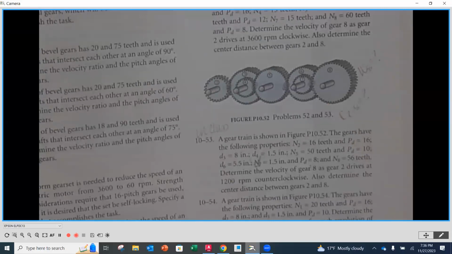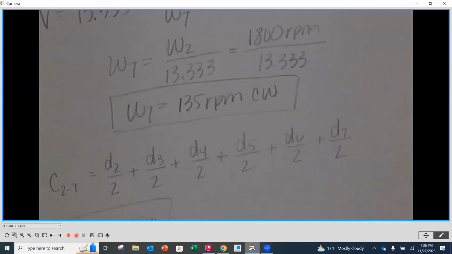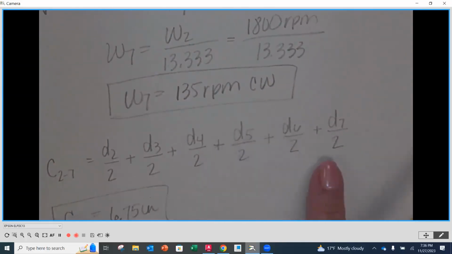Now, something to note about the idler gear. Technically it's not going to change anything if we look at it in terms of the ratio, but it will change that direction, and we'll see that happen here, and it'll change the center distance. And what you want to do is, the last time when we did our center distance, we took all of those diameters and we divided them by 2.